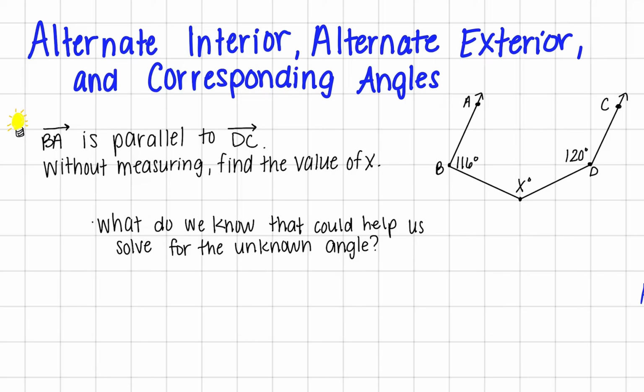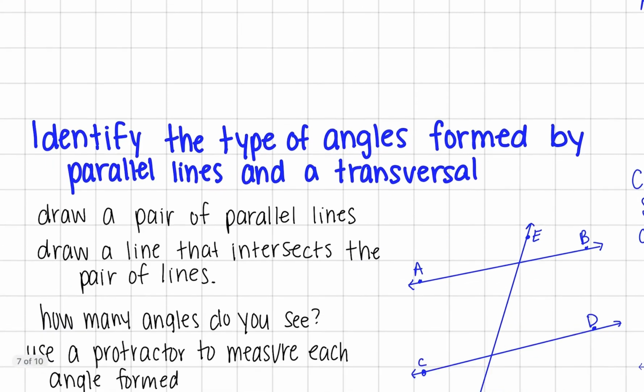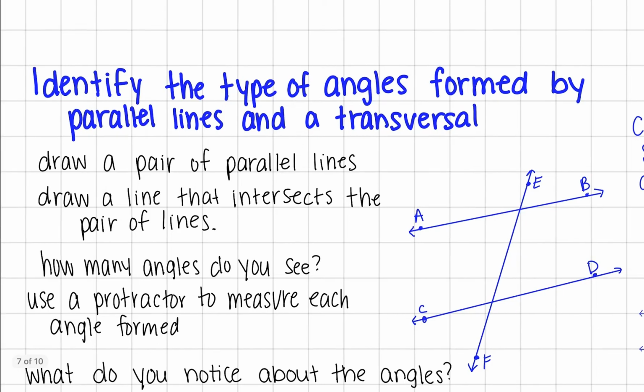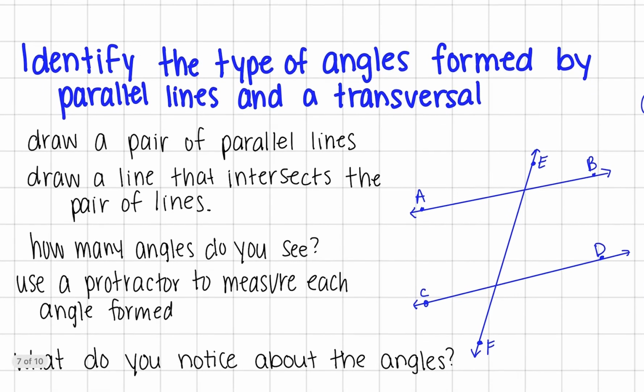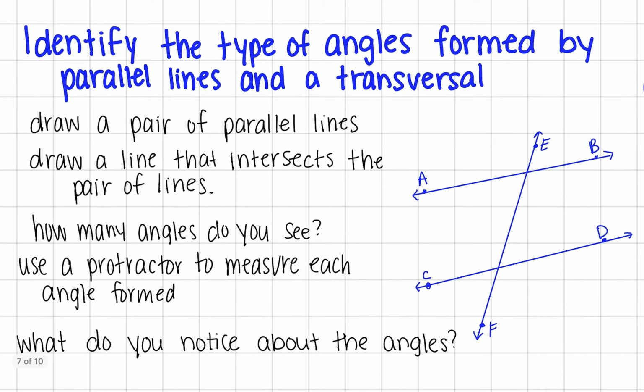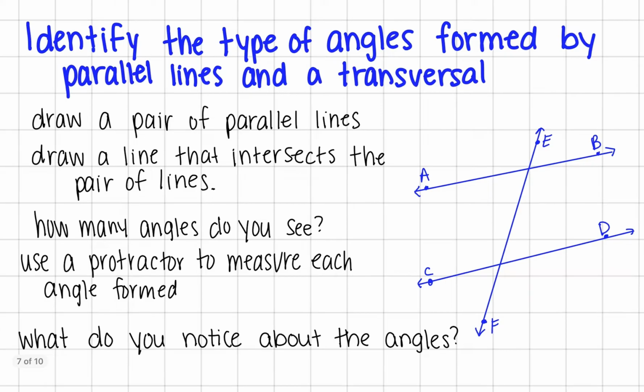Okay. So the first thing we're going to do today is identify the type of angles formed by parallel lines and a transversal. First, you are going to draw a pair of parallel lines.